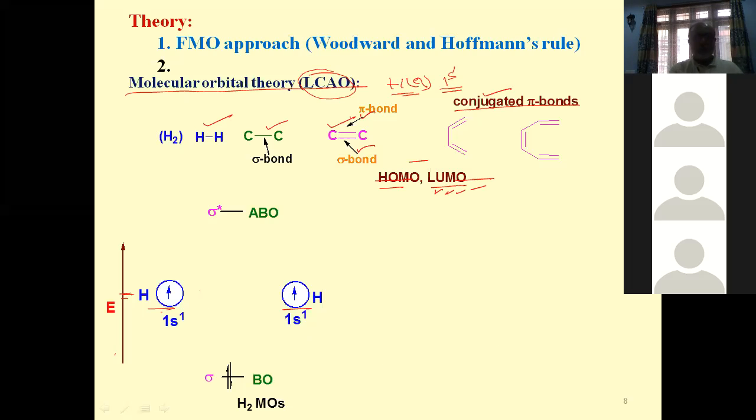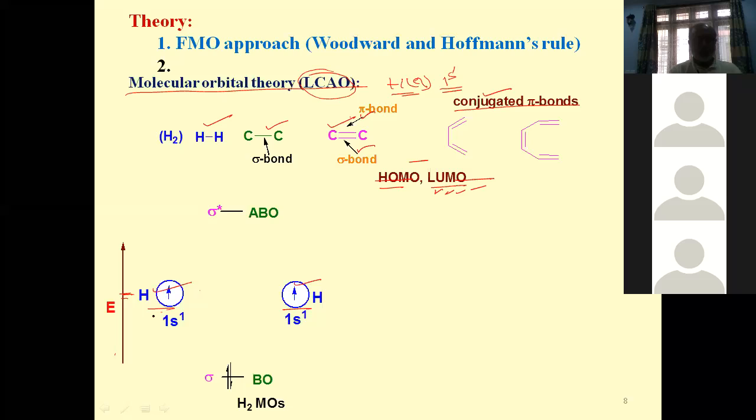Anyway, the hydrogen molecule is formed by the combination of two atoms of hydrogen, which has a sigma bond. When the bond is formed, one atom of hydrogen combines with another atom of hydrogen, giving rise to two molecular orbitals.